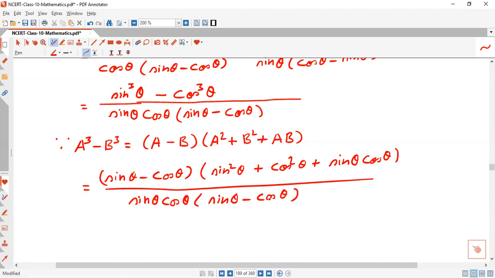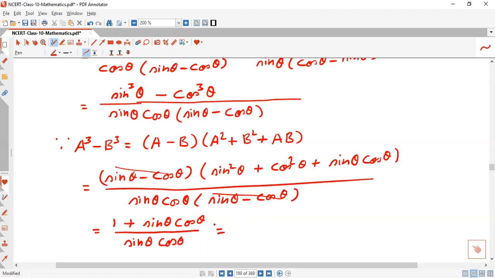This sine theta minus cos theta in the numerator and denominator will be cancelled out. What we are getting: sine square theta plus cos square theta is equal to 1, so 1 plus sine theta cos theta divided by sine theta cos theta.